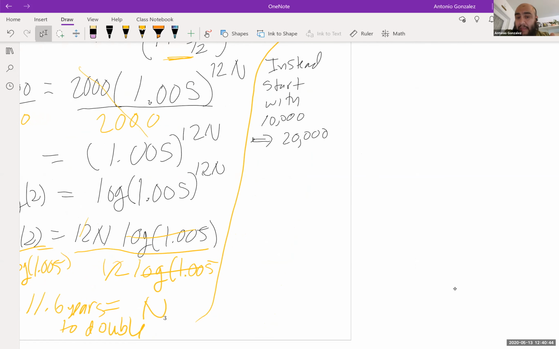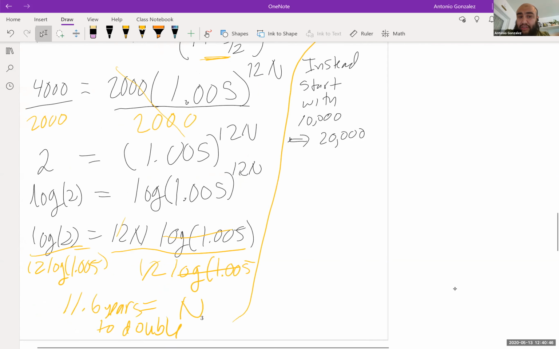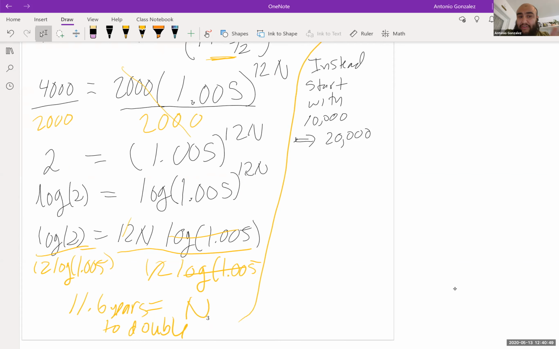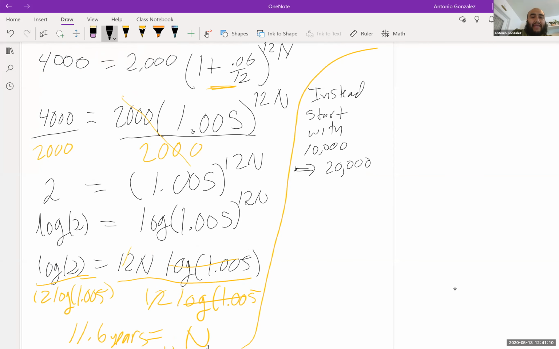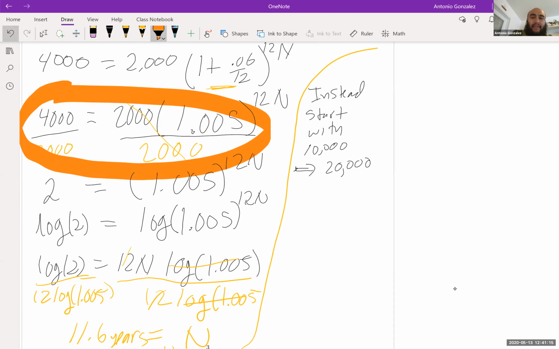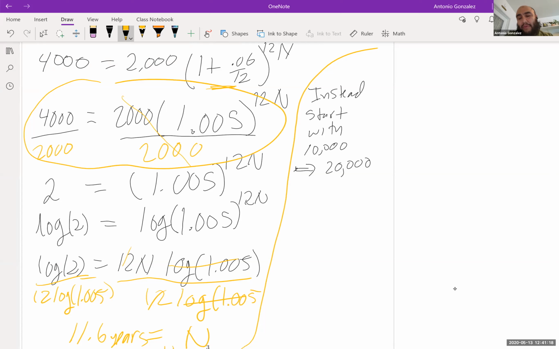The doubling time is independent. It's a good thing to realize here. The initial amount that you start with could have been $1. In order for that $1 to double, it'll still take 11.6 years. So in this type of problem, we're asking about doubling. The initial amount really is unimportant, because if you look at the equation, when we account for the money, that division comes along, and this ratio of doubling will always get you 2.